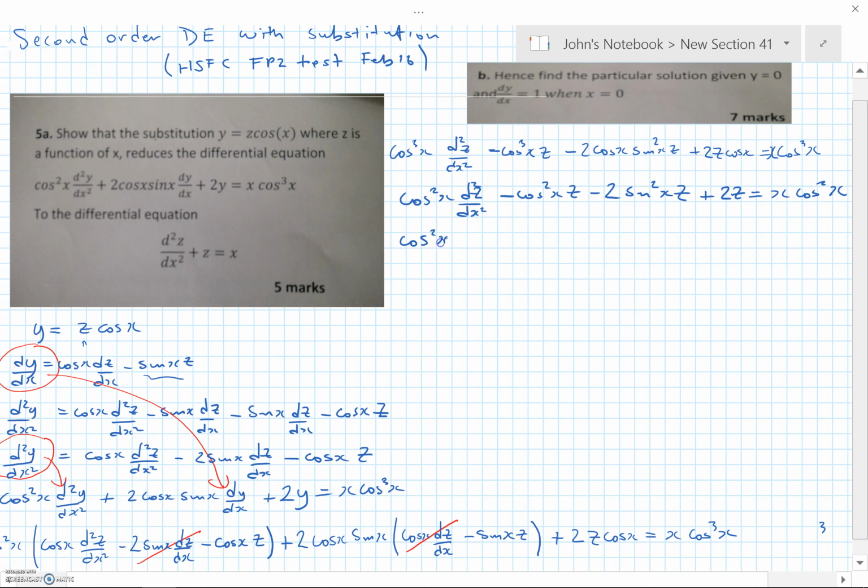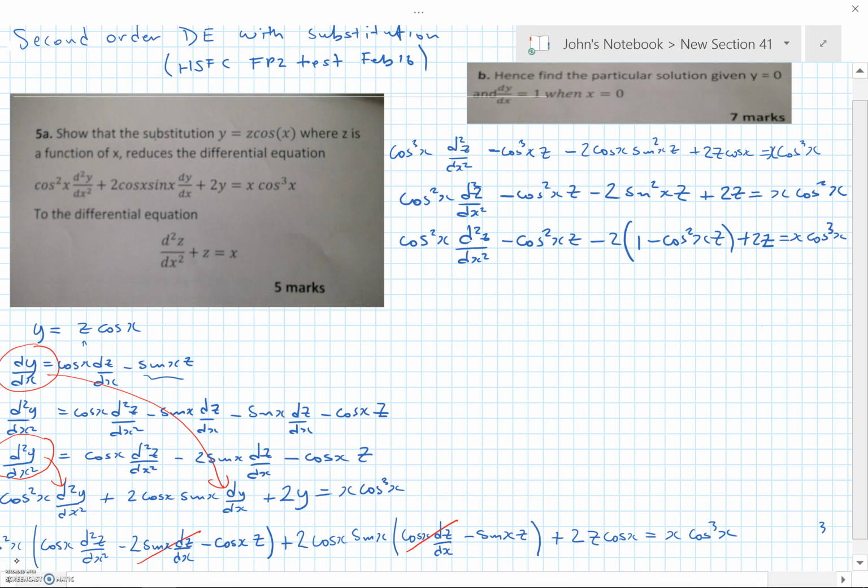So I've got cos squared x d2z by dx squared, minus cos squared x z, minus 2 times 1 minus cos squared x, times z, plus 2z, is equal to x cos cubed x.